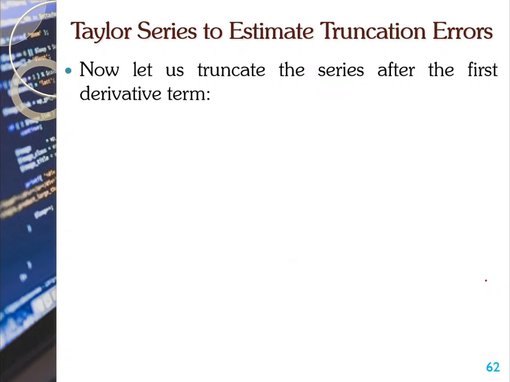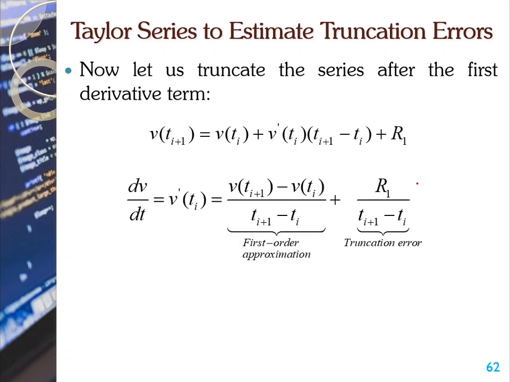Once we do that, we come up with this, and we bring this back here, trying to make our V prime of Ti the subject. We come back down to this expression that we have here. Now let's look at what is happening.